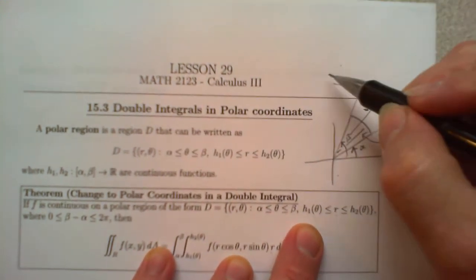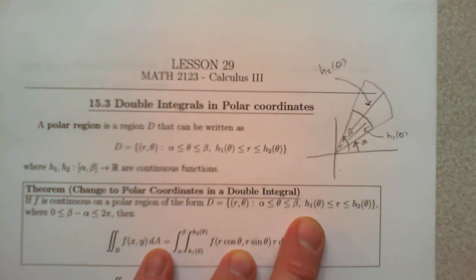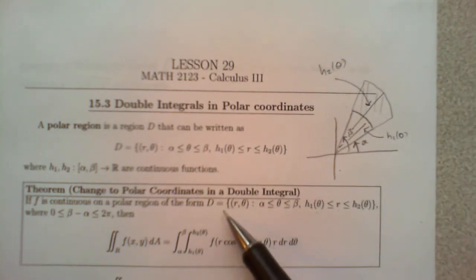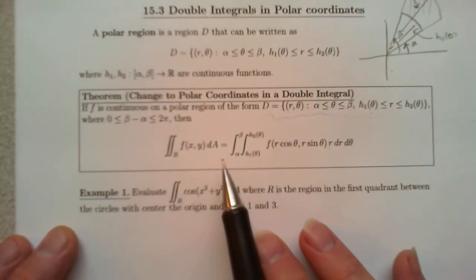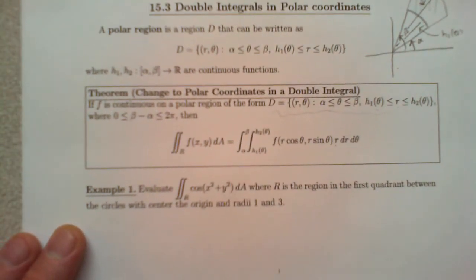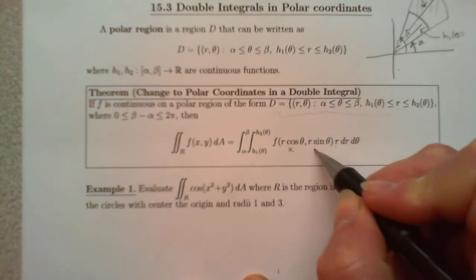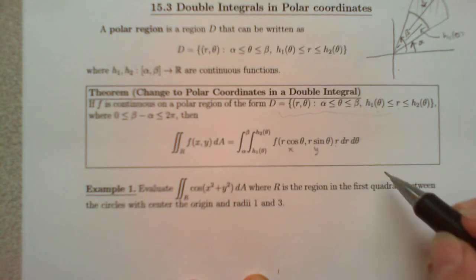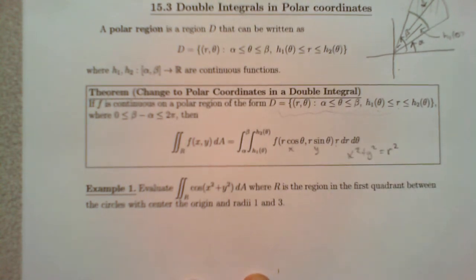That was the second radius, h2 of theta. So that's what this whole thing is talking about here, the domain. And when you do it, you get this integral shape just like we derived here. And always this is x, this is y, and you always have x squared plus y squared equal to r squared.